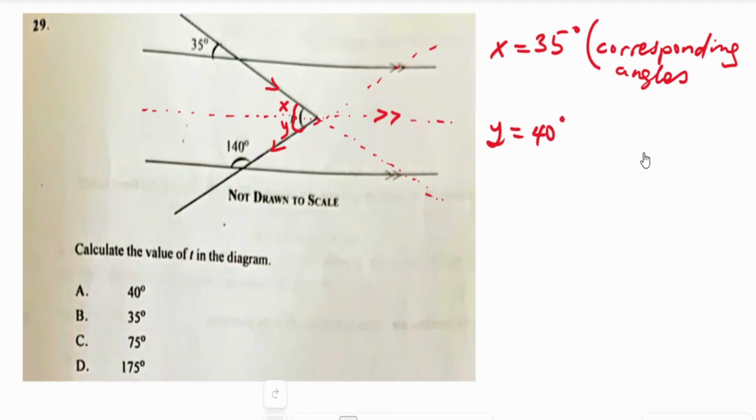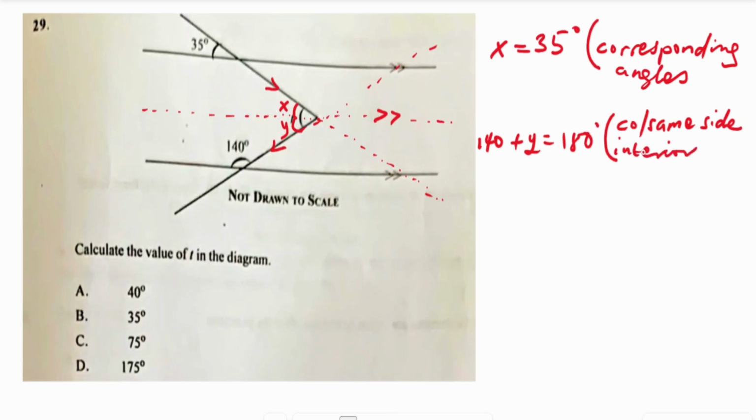Or to write it properly, 140 plus Y equals 180 degrees, and that is because they are co or same side interior angles. And then Y will be equal to 180 minus 140. So Y equals 40 degrees.